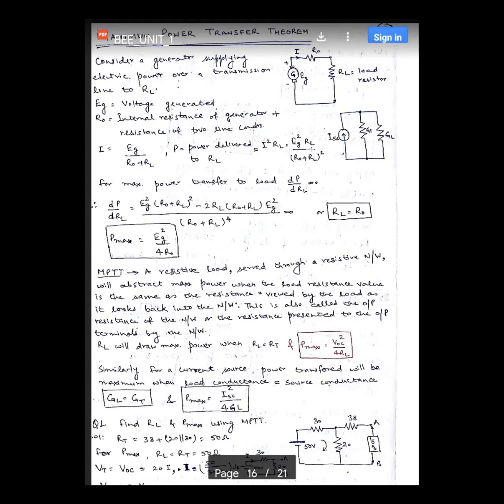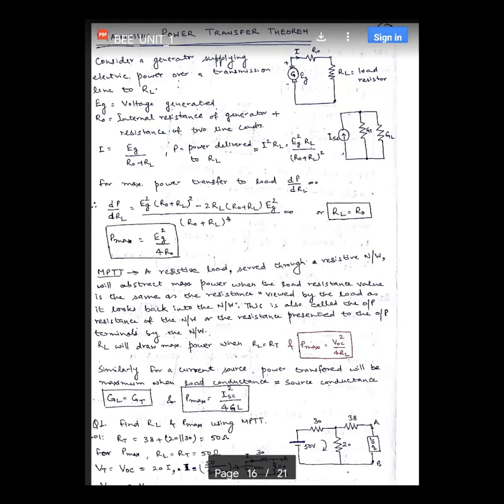Or you can say the industrial area, or our whole university, is considered as one load. So if the voltage magnitude is increasing, we can say that the load is also increasing. Our interpretation of the load is also changing.